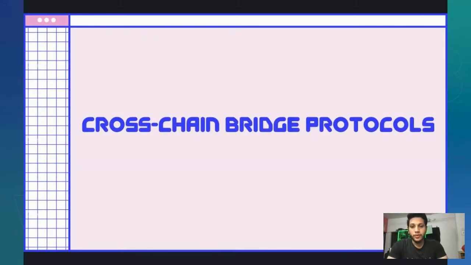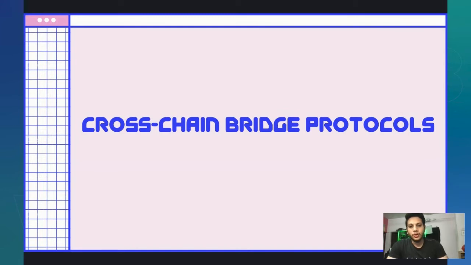And then we also have cross-chain bridge protocols. So I think the biggest problem also with the current blockchain networks is there are so many of them, and sometimes you might want to transfer your assets from one chain to another, and that is technically impossible because chains can't communicate with each other.